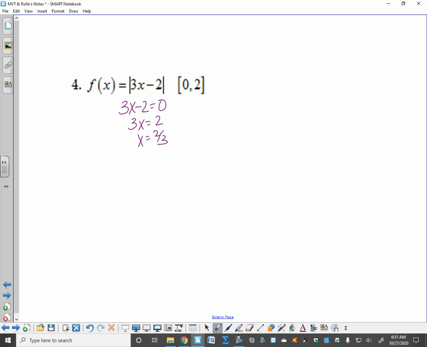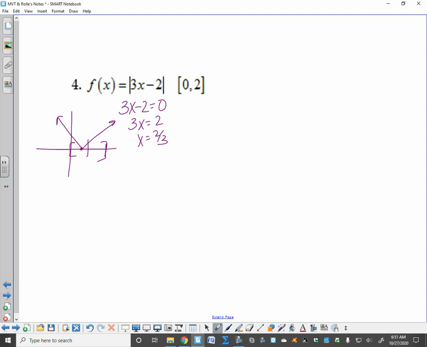I'm going to shift him right 2/3. So I know that's what he looks like. I'm on the interval 0 to 2. So from here to here. And he has a sharp turn in there. So I can't use the MVT.